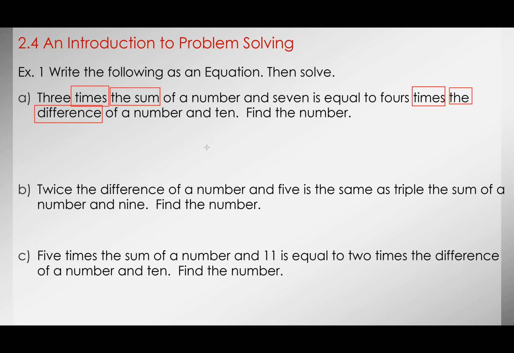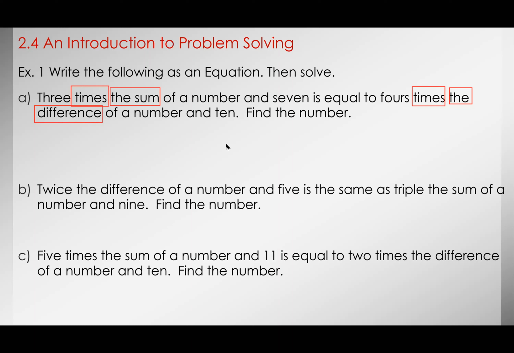When you read this, you need to have that small pause. And because we have a pause, that's why we have to have a parenthesis. So what they tell you is 3 times the sum of a number and 7 is equal to 4 times the difference of a number and 10.